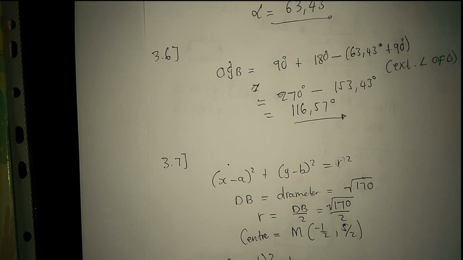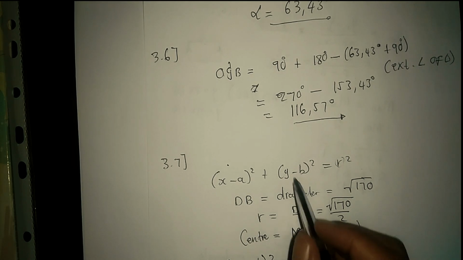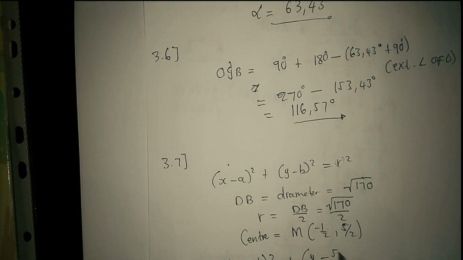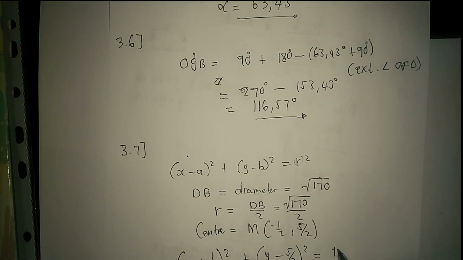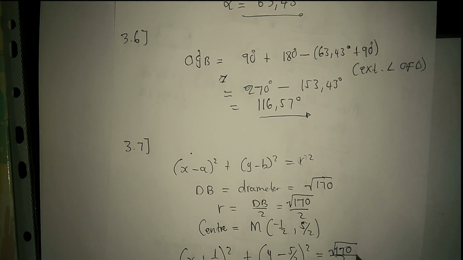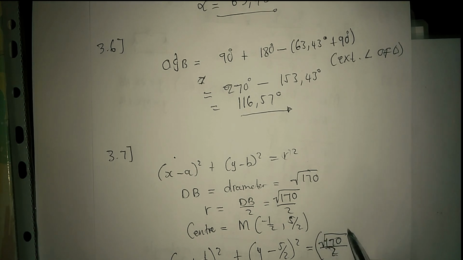So it's all squared, plus y minus b, which is 5/2 squared, equal to r, which is the square root of 170 over 2, everything squared.